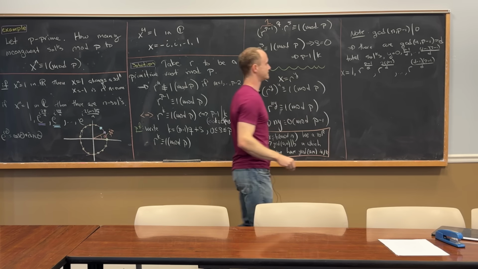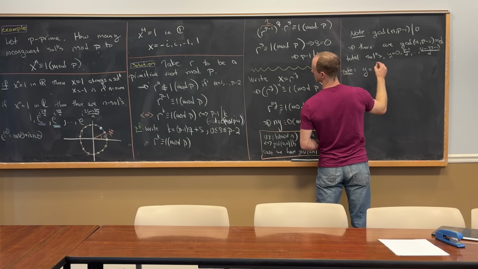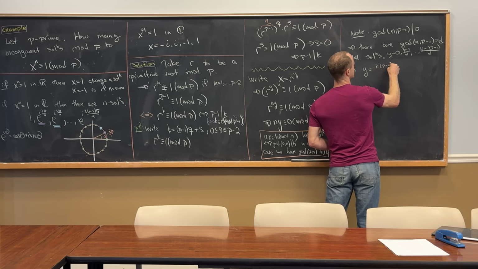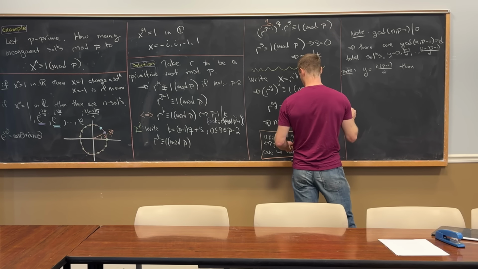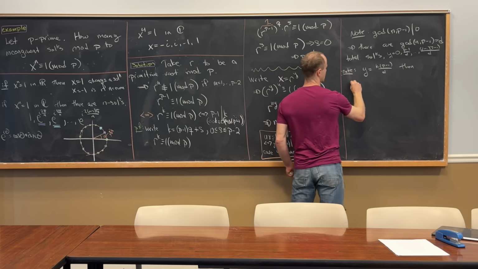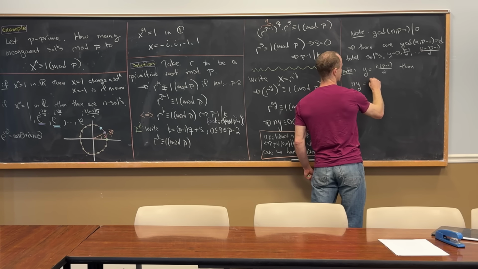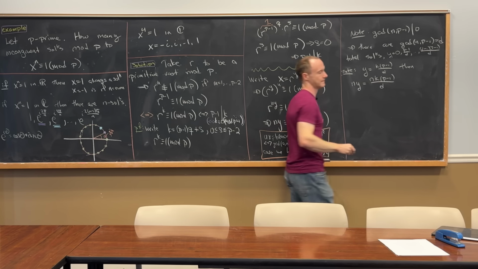Look, we've got this. So note if y equals k times p minus 1 over D, then n times y is equal to n times k times p minus 1 over D, right?